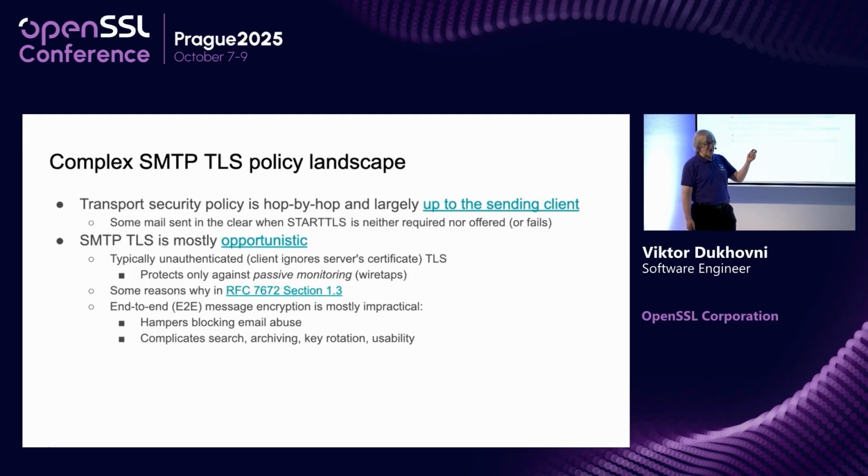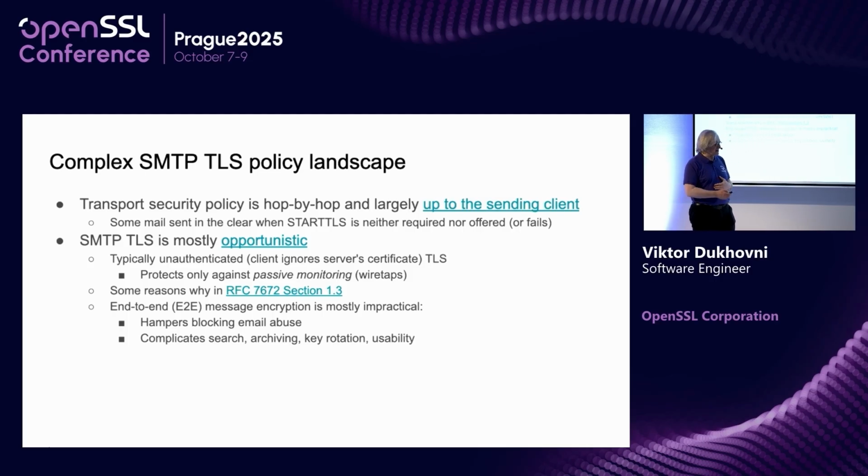So unlike when you type, say, a URL into a browser, if they actually specify the HTTP or HTTPS part, they're explicitly opting in or out of security. With email, the mail servers decide, and what's more, the history is such that the default decision is, well, maybe you do TLS, maybe you don't, it doesn't much matter. You do best effort. And this makes the policy landscape much more complicated. So email deals with a lot more scenarios than you would find in the web.